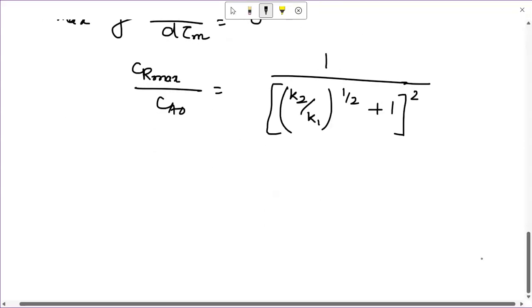From the same expression you can also get tau m optimum, that is the optimum space time for the mixed flow reactor, which is 1 by root of K1 K2.